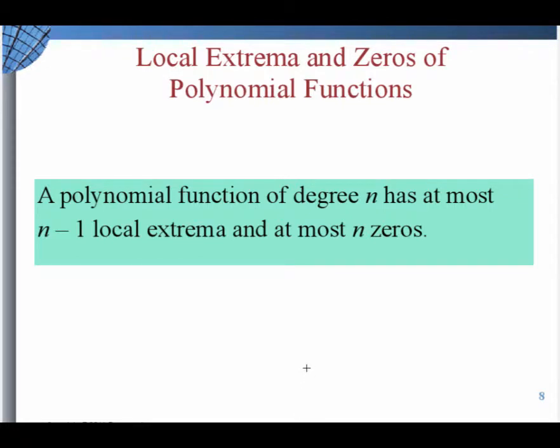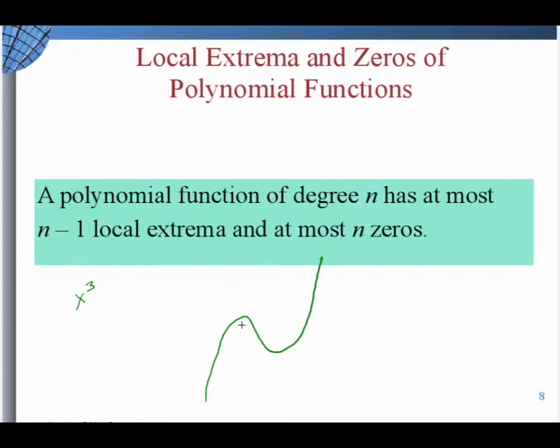The local extrema and zeros of polynomial functions: a polynomial function of degree n has at most n minus 1 local extrema and at most n zeros. So what that means is that a third degree function, let's say x cubed, some type of a cubic function, could look like this.